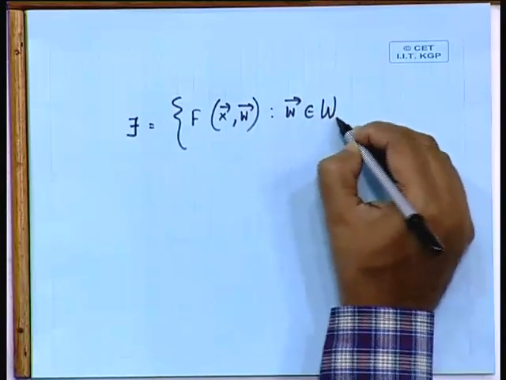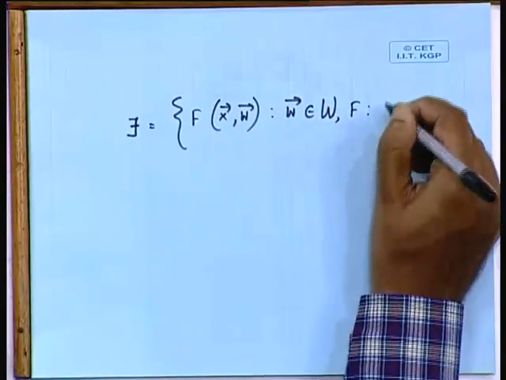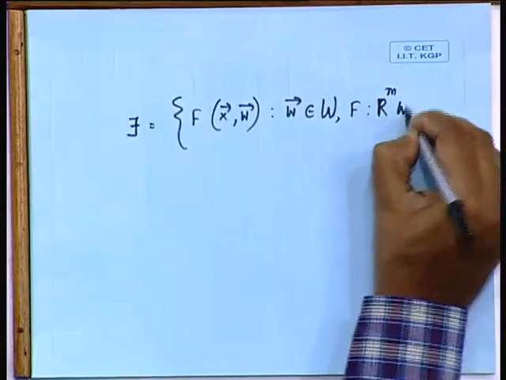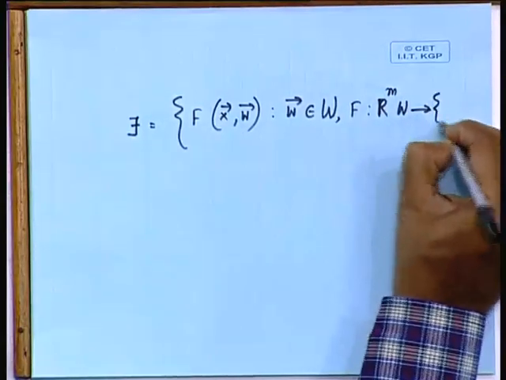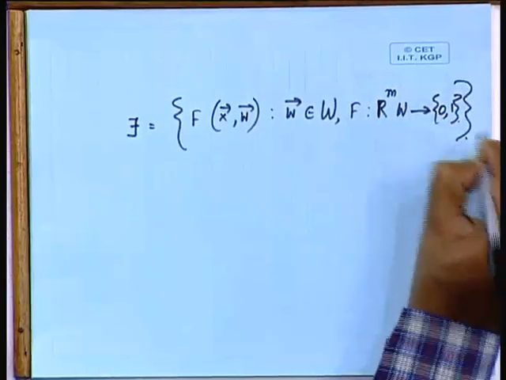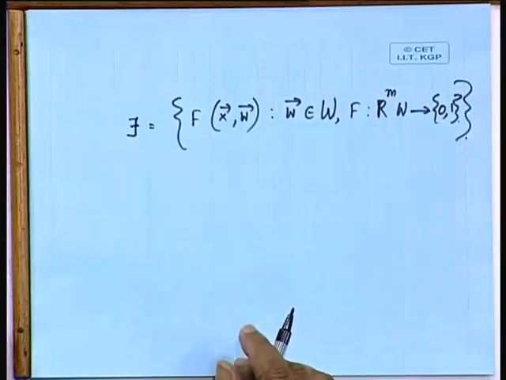This function f maps ultimately into 0 or 1. So, this is the set of classification functions that is possible.